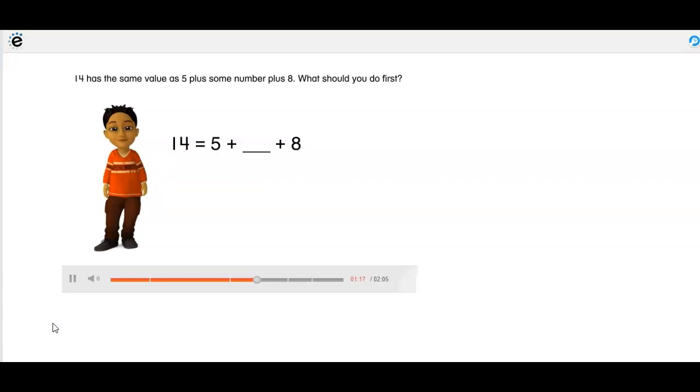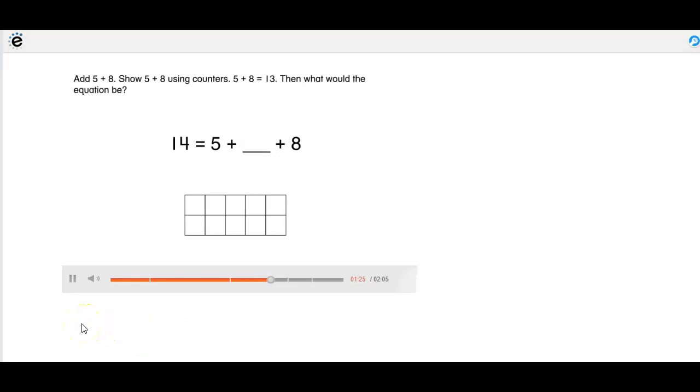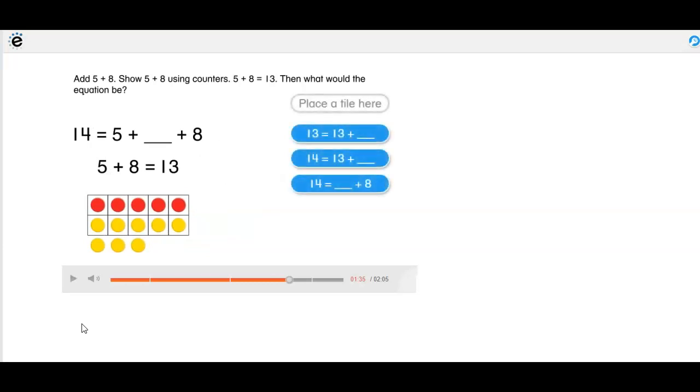What should you do first? Add 5 plus 8. Show 5 plus 8 using counters. 5 plus 8 is equal to 13. Then, what will the equation be? Select your answer.